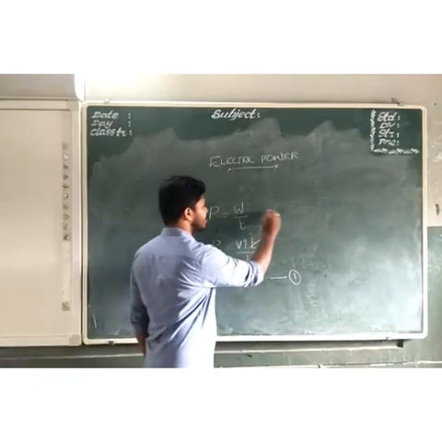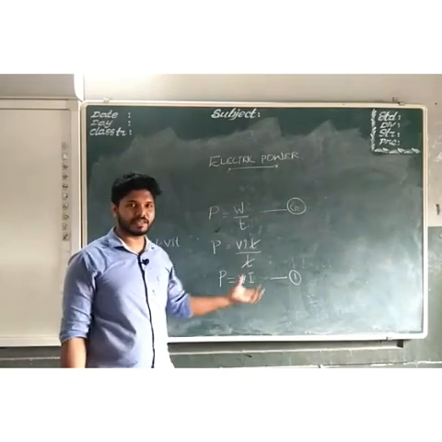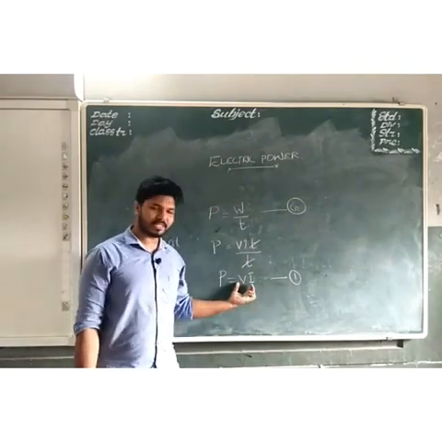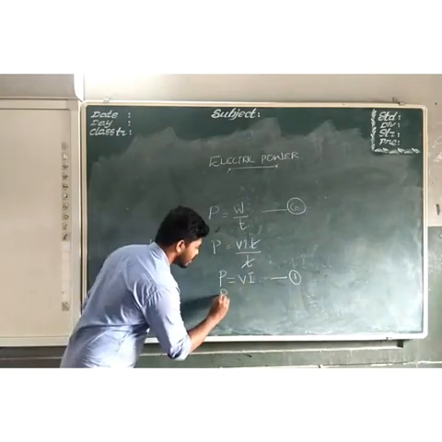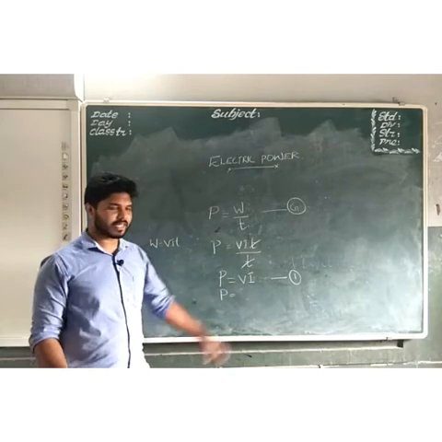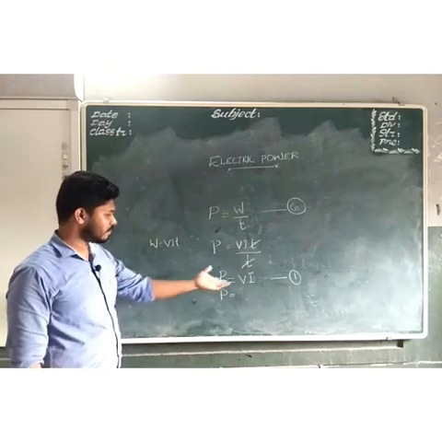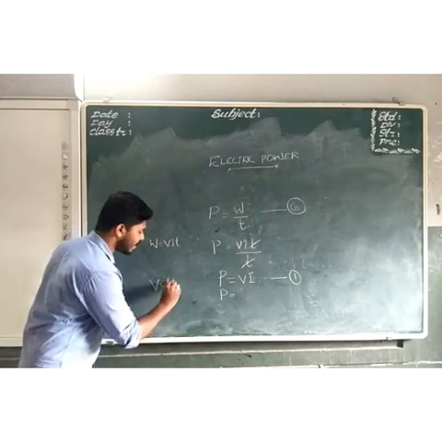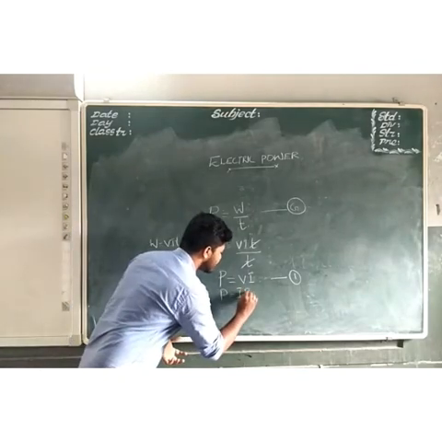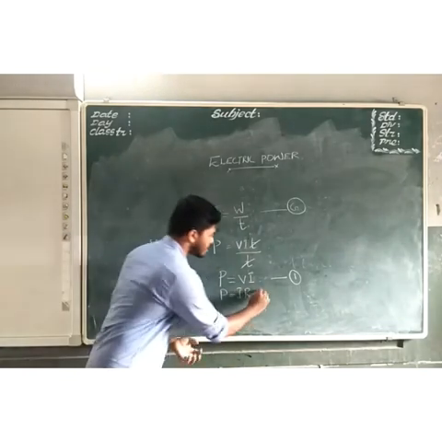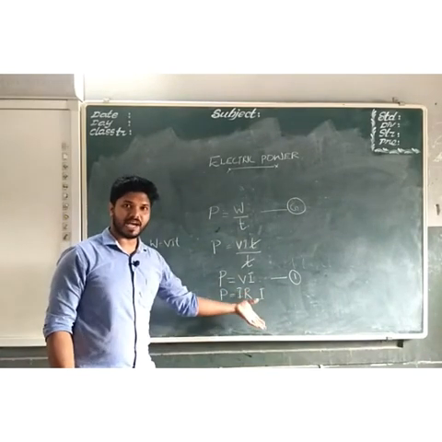This is the general equation for power: P equal to V into I, that is, potential difference into current across the conductor. Now here we can replace V with another equation. Connecting I and R, we have V equal to IR, isn't it? When we substitute V equal to IR here, we get IR into I. I into I means I square.